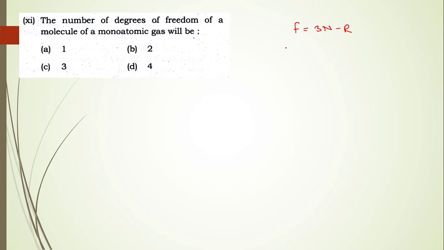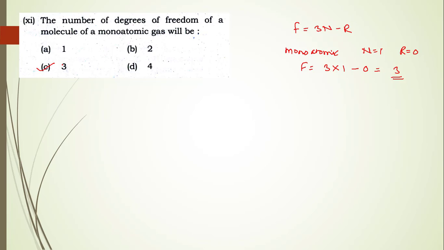Since we are dealing with a monoatomic gas, n is 1 and R is 0. There are no restrictions. So F will be equal to 3 multiplied by 1 minus 0, which is 3. So 3 is the number of degrees of freedom for the monoatomic gas.